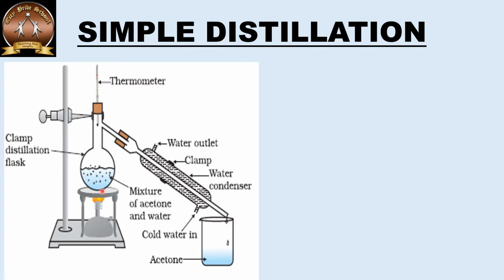Now as soon as we place the mixture into this round bottom flask, we allow it to heat. Suppose we have a mixture of acetone and water. We know that acetone has a low boiling point as compared to water. Water has a boiling point of 100 degrees Celsius.